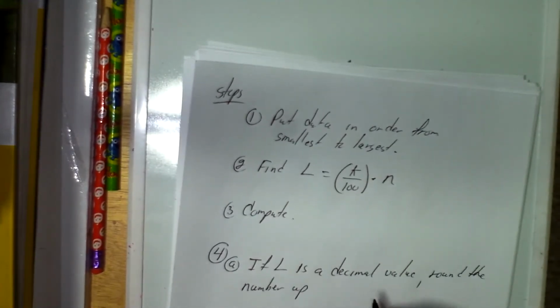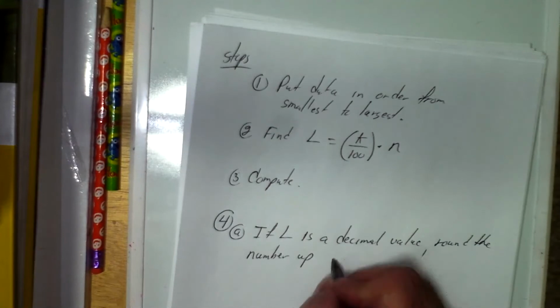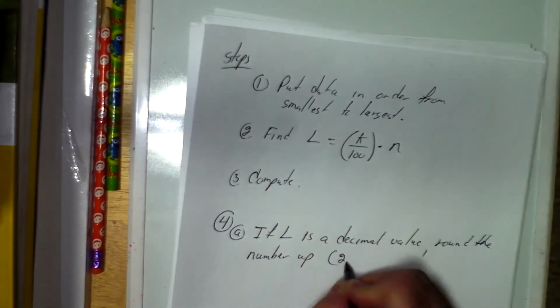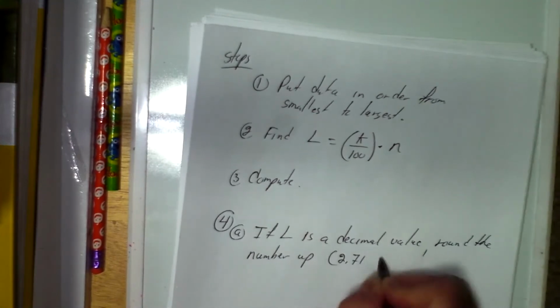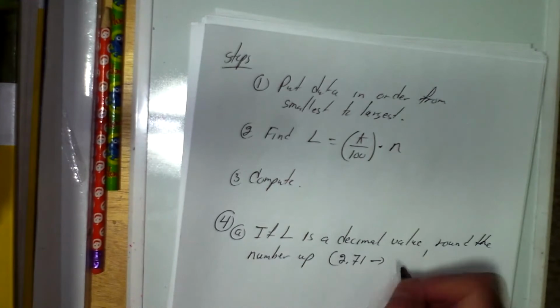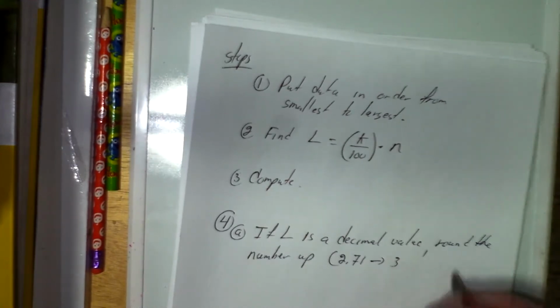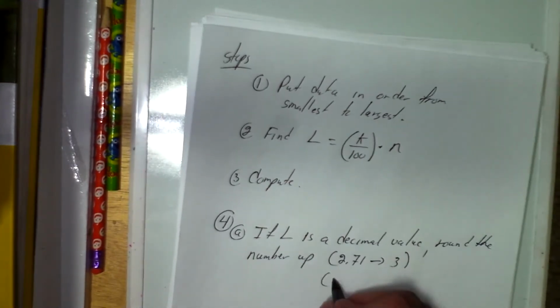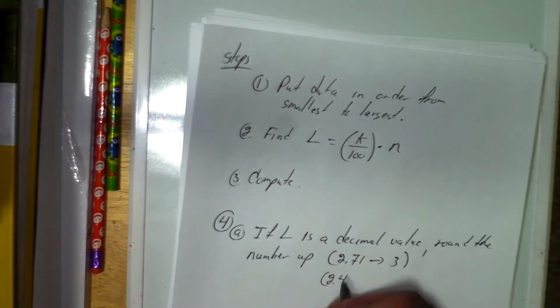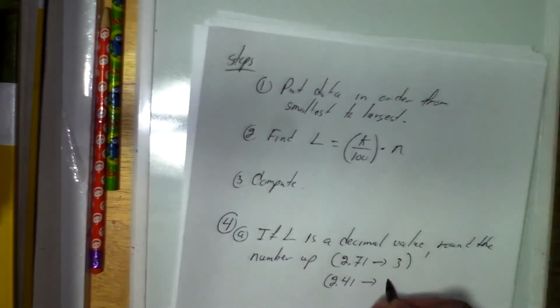Even if it's 2.71, this is going to end up being 3. Or if it's 2.41, you're still going to bump it up to 3.